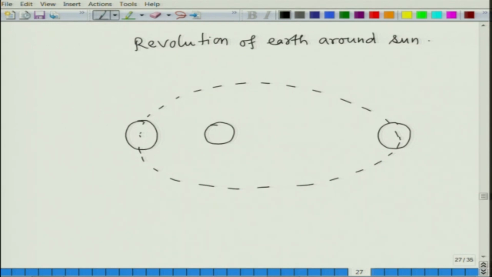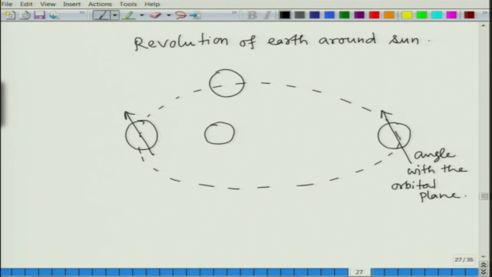The interesting fact that we discussed is the angle at which the rotational axis of the earth is with respect to the orbital plane, and that makes everything very interesting. And that axis is maintained all the time.